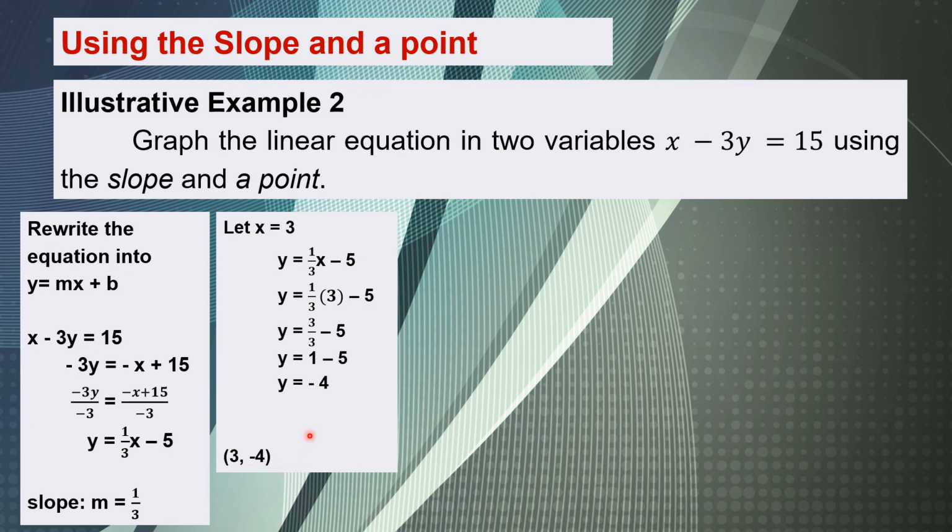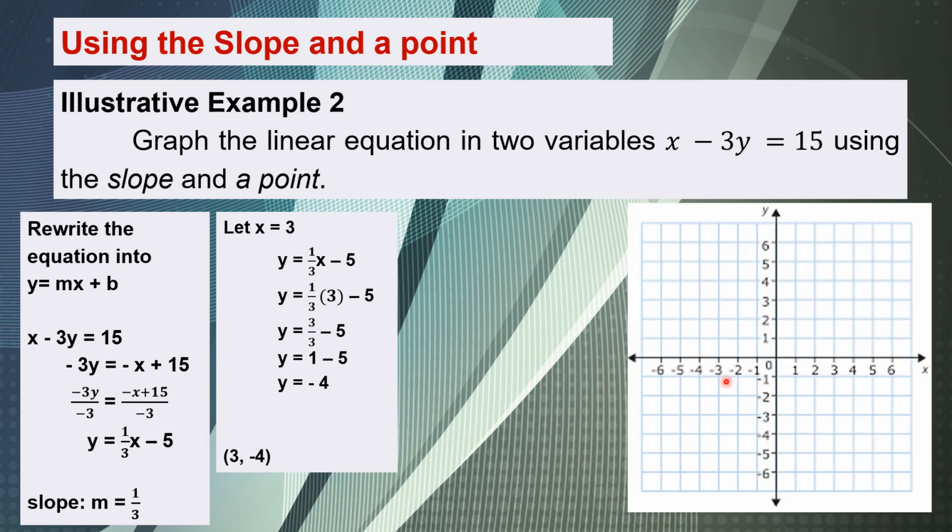So, since meron na tayong isang point at slope, we can now graph the equation x minus 3y equals 15 using Cartesian plane. So, i-plot natin ang ating point 3, negative 4. So, yung 3 ay matatagpuan sa x-axis. So, nandito siya.